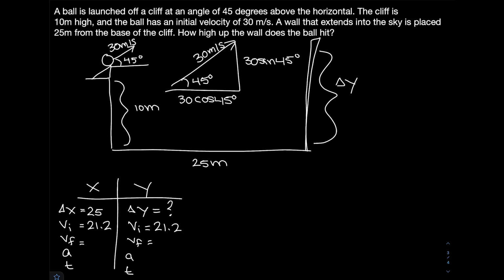So the velocity final in the x direction is still 21.2, which means the acceleration is 0, and time is going to be a variable that we're going to solve for. So in the x direction, let's go ahead and use an equation that has time. So let's use delta x is equal to velocity initial in the x direction times time plus 1/2 times the acceleration in the x direction times time squared.